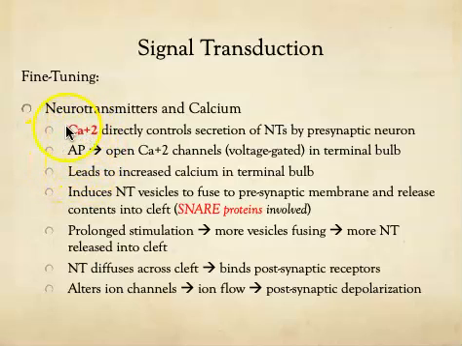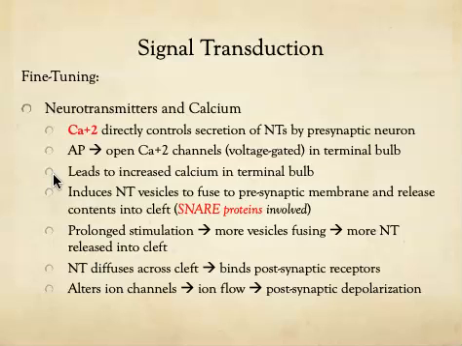And that action potential, as it comes down the terminal branch and hits that bulb or knob, calcium channels in the membrane are going to open up. These are voltage controlled calcium channels. And as calcium flows in, it's going to increase the concentration of calcium in that terminal bulb.